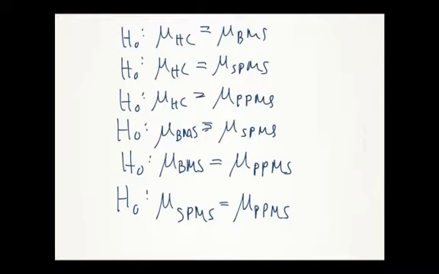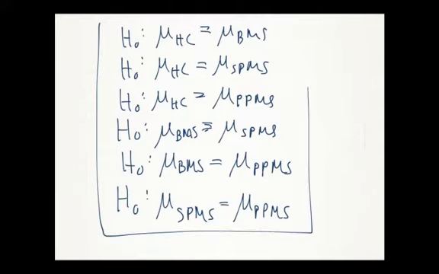You might say, hey, I already know how to solve this problem of comparing these 4 groups. I can just conduct this whole bunch of 6 2-sample t-tests.